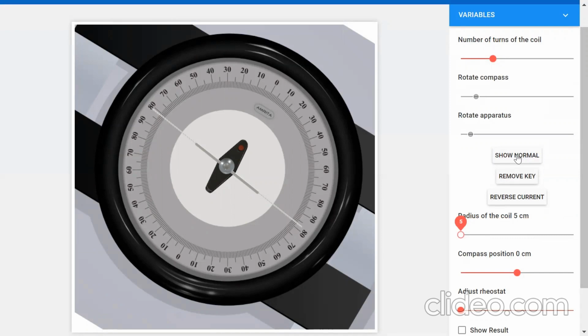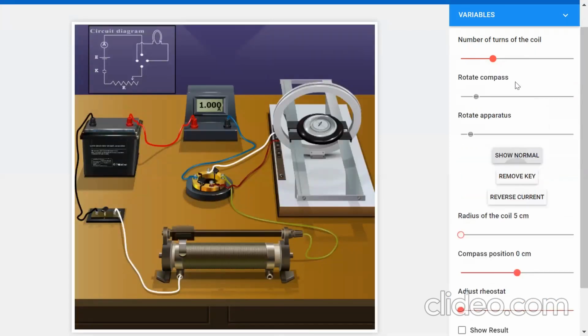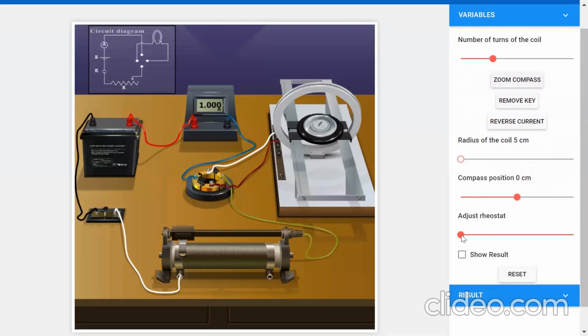In the normal view, we can also change the current by adjusting the rheostat. As we adjust the rheostat, the value of current changes.